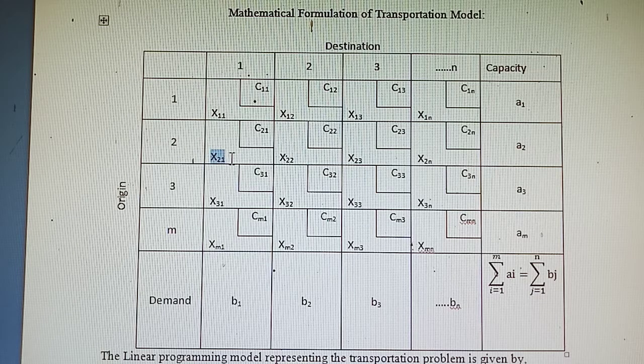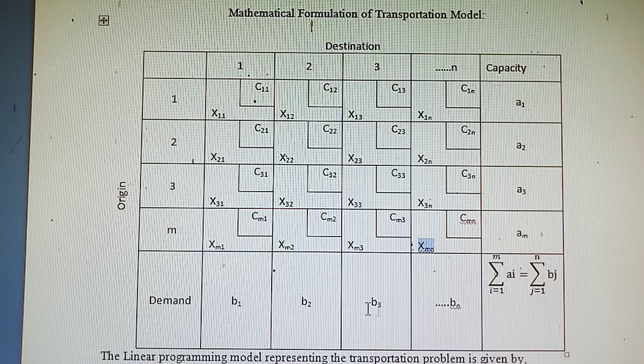Now x21 means the value of second row and first column. x22 means the value of the second row and second column, and x23 means the value of second row and third column, up to n columns we can extend. Finally xm1, m row and first column, m row and second column, m row and third column and m row and nth column.